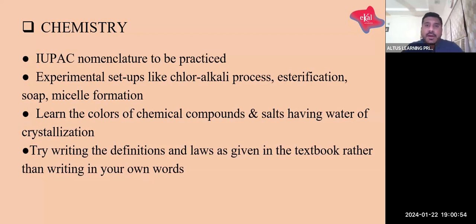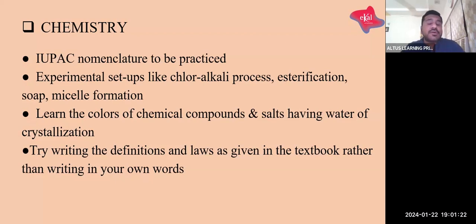There are many compounds in chemistry which have specific colors. So you have to write the colors of the precipitate. When it comes to the formation of a precipitate, you have to write the colors. There are salts having water of crystallization, for example, copper sulfate, iron sulfate, etc. They have specific colors and they are always available in crystalline form.